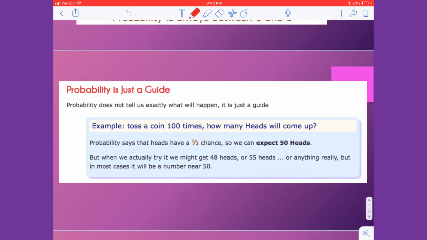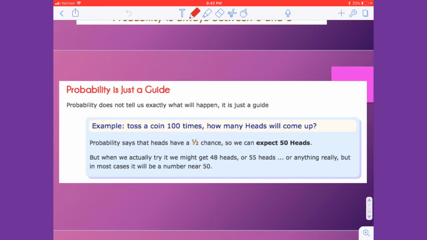Now, probability is just a guide. It does not tell us exactly what will happen. So, for example, let's say I toss a coin 100 times, how many heads will come up? Well, probability says that heads have half a chance, so we expect about 50 heads, right? About half of those times will be a heads.